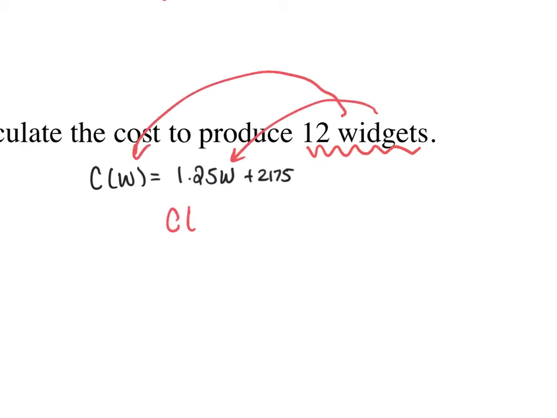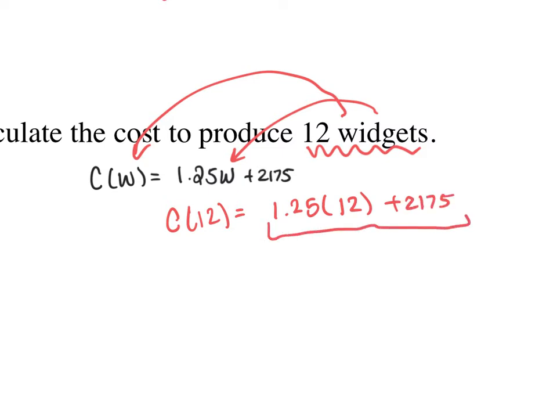So I have C of 12 equals 1.25 times 12 plus 2175. You can type this right into your calculator and tell me what your final answer is. When I type that into my calculator, I get C of 12 to be equal to 2,190. So it'll cost $2,190 to produce 12 widgets.